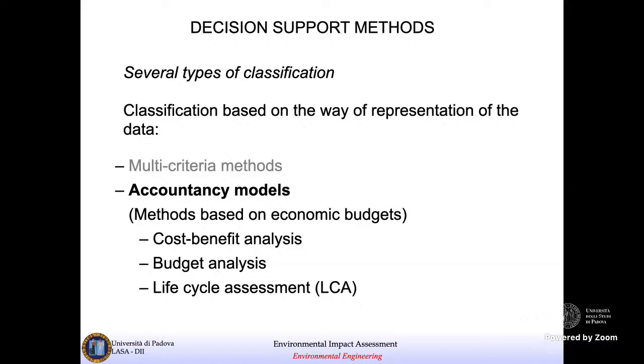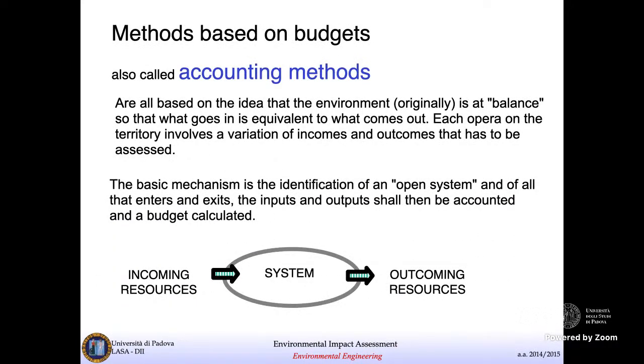on economic budgets. And under this term fall cost-benefit analysis, budget analysis, but also the very well-known life cycle assessment, that is the preferred, if you want, analytical method for economical engineering systems.